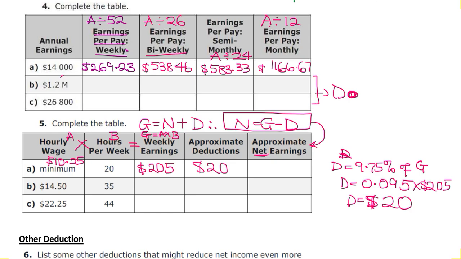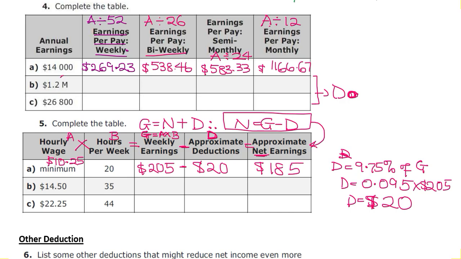It means that it will be the third column minus the fourth column, which gives you your answer right here. So weekly earnings, which is gross, minus deduction will be equal to N, and the answer here will be 185. That is it right there.